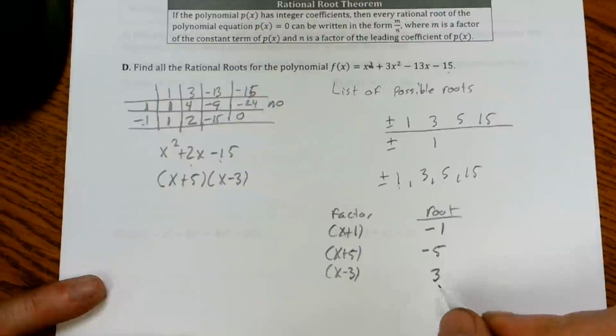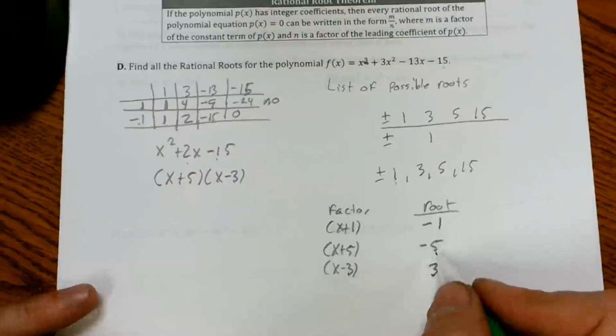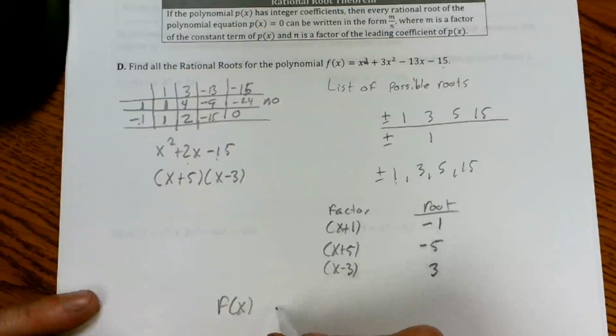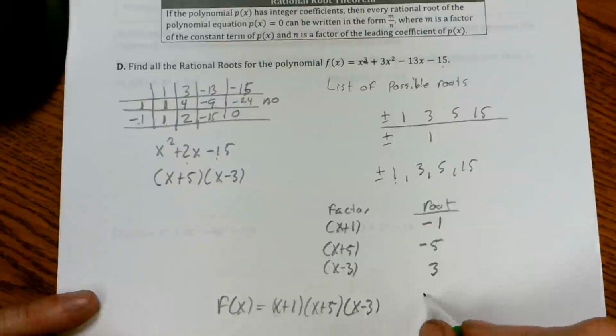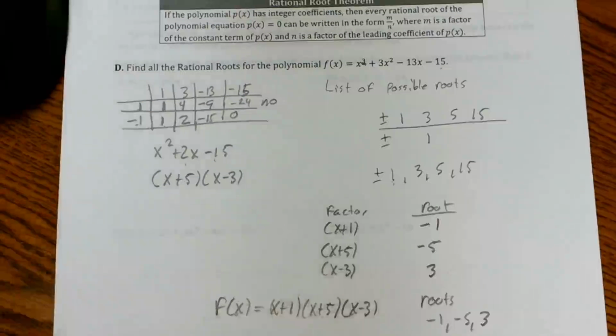So our roots are going to be negative 5 and positive 3. And it says find all the rational roots, which we have. And let's go ahead and write this as a separate factor. So our factors are x plus 1, x plus 5, and x minus 3. And our roots are negative 1, negative 5, and 3.